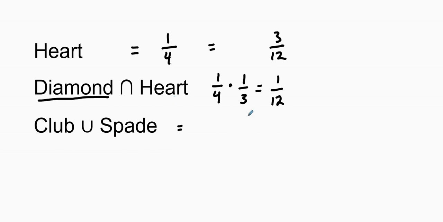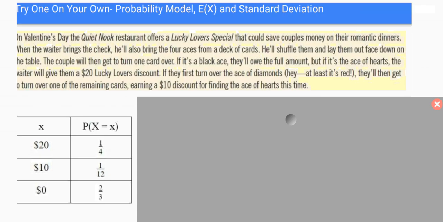So rather than try to come up with all the possible outcomes of a club first or a spade first, or a diamond first and then a club, or a diamond first and then a spade, I'm just going to say you're either going to get a heart, or a diamond then a heart. Everything else would result in a club or a spade. So that's going to be 8/12 or 2/3. That's where those probabilities came from, if you were a little confused by what you saw on that previous screen. So there's our probability model.